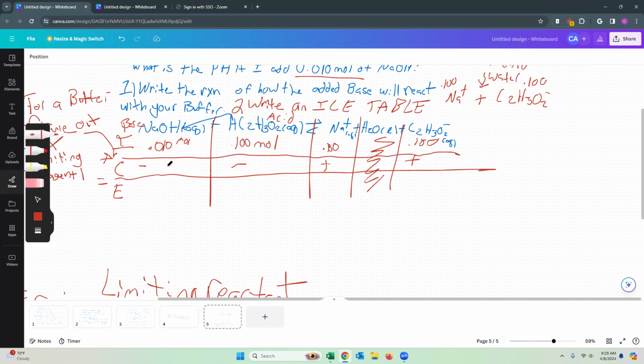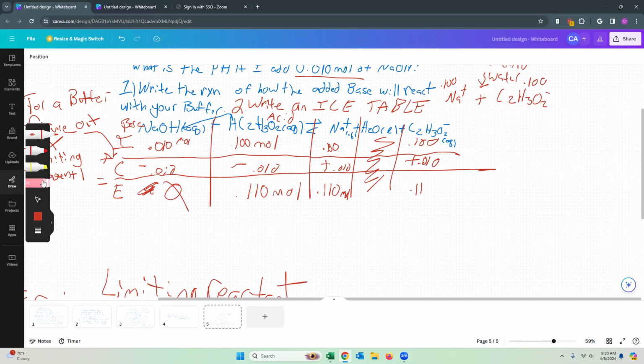Right, so X is 0.01, so minus 0.010, minus 0.010, plus 0.010, plus 0.010. So at equilibrium, you have no base left. You have 0.110 moles of acid. You have 0.110 moles of sodium. And you have 0.11.